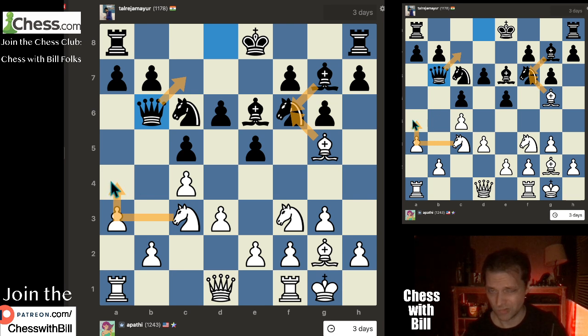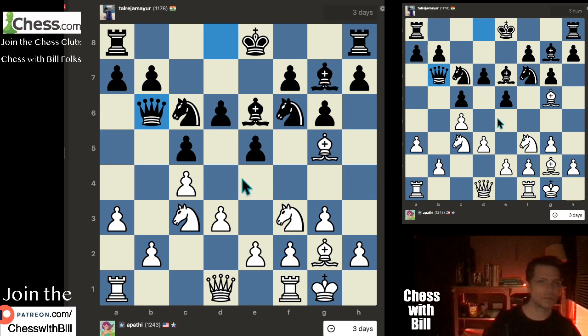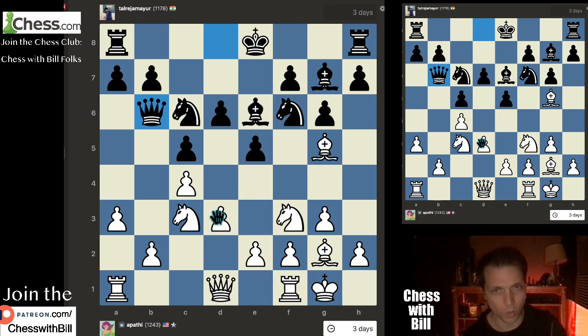Okay. Now what? We've done a little trade. He's got two bishops. I don't know. I think that just kind of sets me back to square one. This move seems a little bit better. The point is, this knight's important.